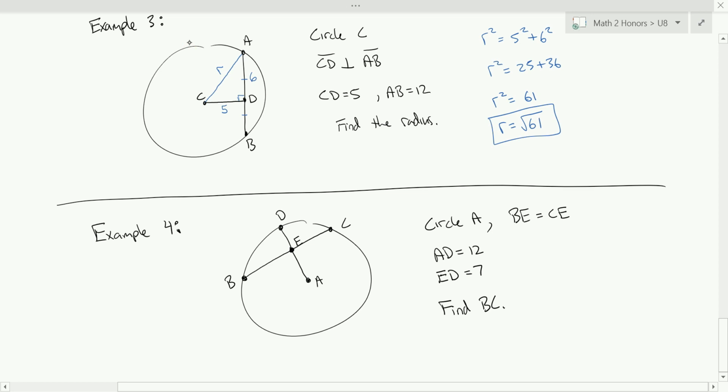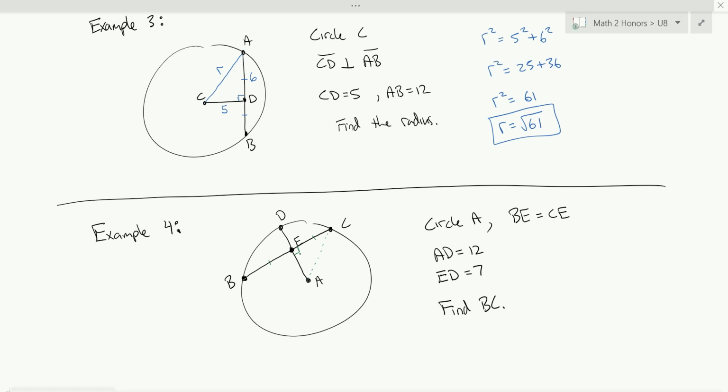Can we make a right triangle? That's the key. First of all, is it a right triangle? Can I put a 90-degree angle here? Yes, because it tells us that BE and CE are congruent, and this is from the center of the circle.